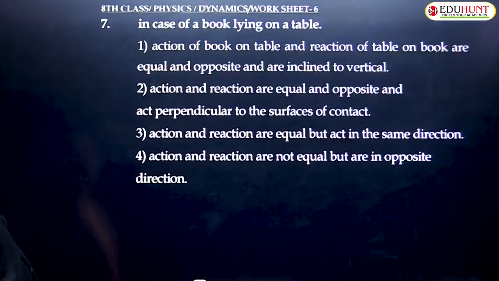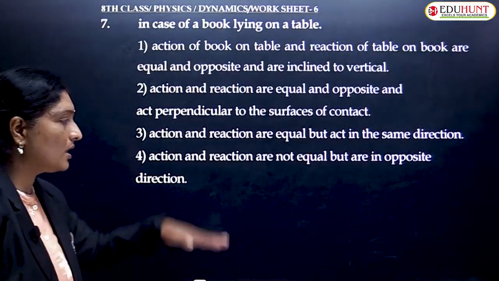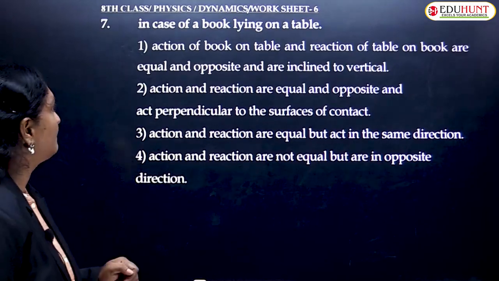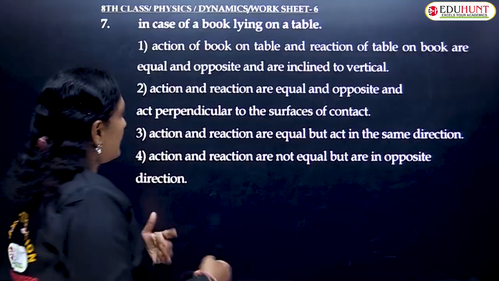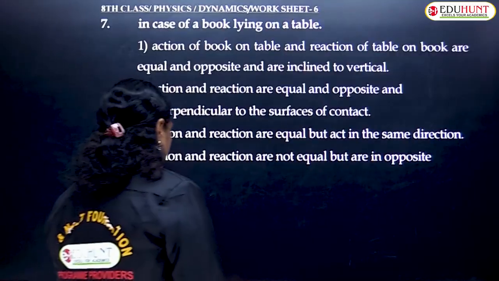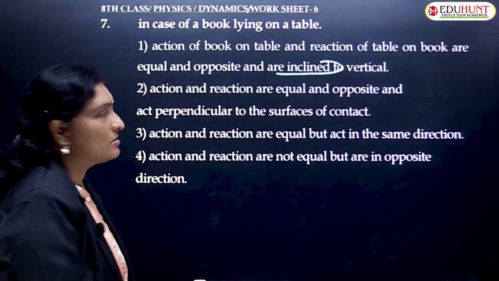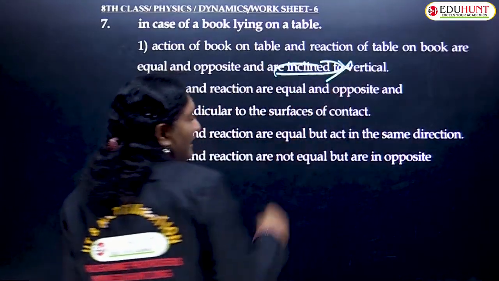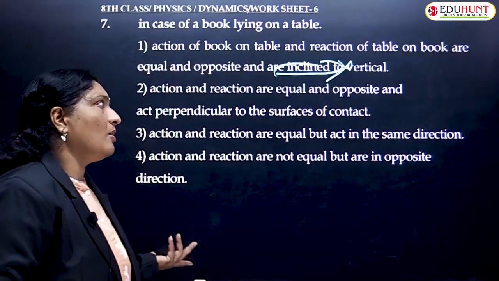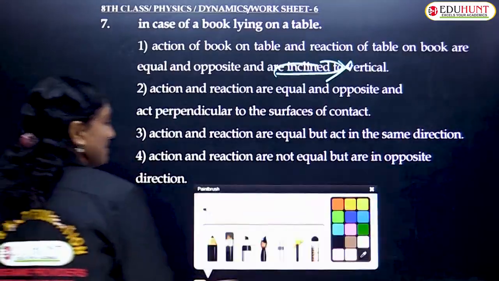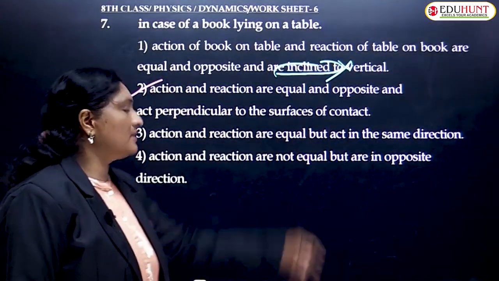And now the next question. A book lying on a table. Action of the book on the table and reaction of the table on the book are equal and opposite, and are they inclined? What do you mean by inclined, children? Something like standing. So no, they are not inclined. Action and reaction are equal and opposite, but they are perpendicular to the surface of contact.